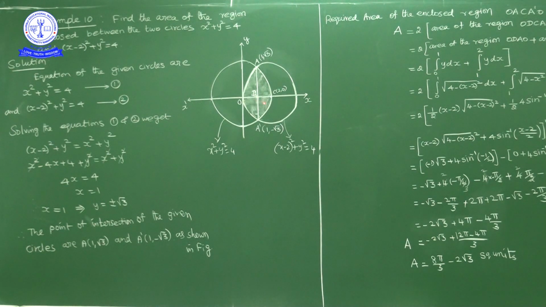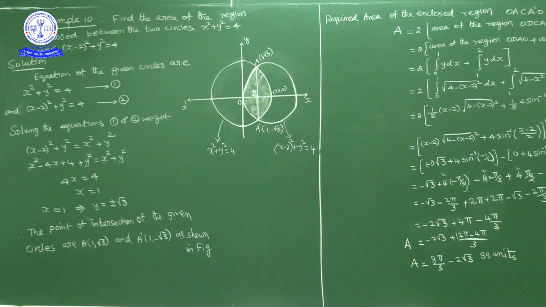This is the area under the circle x square plus y square is equal to 4 between the limits D 1 comma 0 to 2 comma 0. So this total area is nothing but 2 times integral 0 to 1 y dx plus integral 1 to 2 y dx.